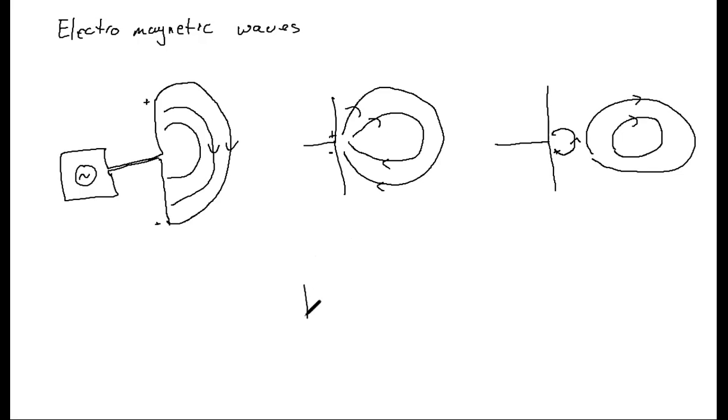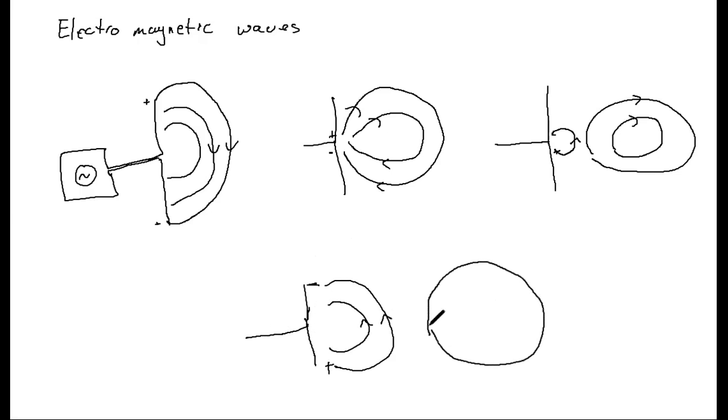And if you do one more moment in time, we would now have electric field patterns like this. And these other original field lines just keep getting pushed further and further to the side.